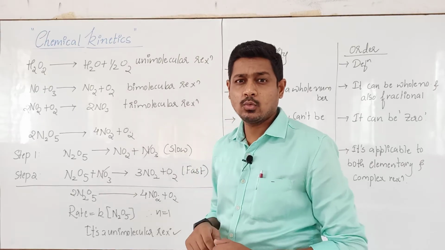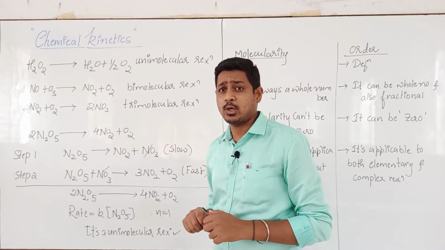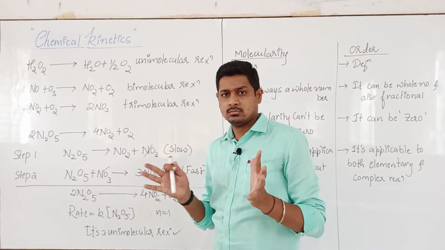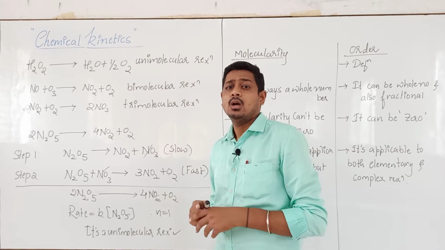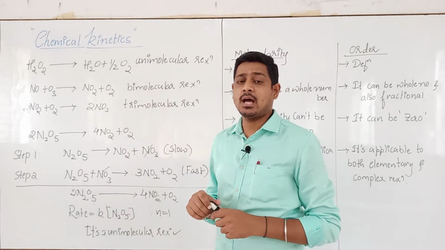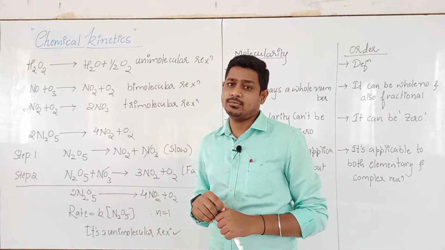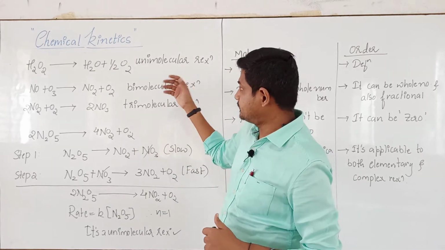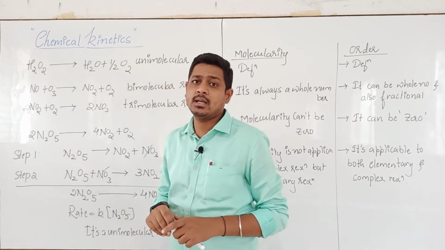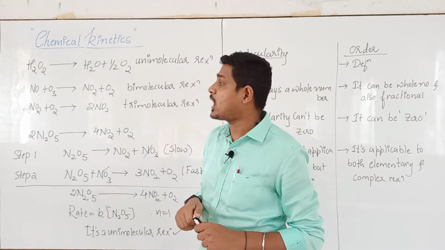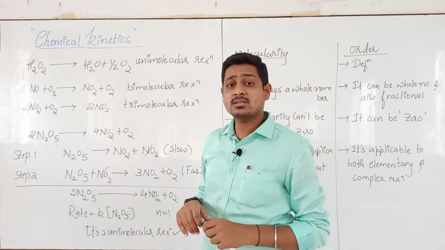So students, now as we know what is meant by molecularity of a reaction, in theory as well as in competitive examinations, they will give one reaction and ask you what is the molecularity of the reaction. Here, only one molecule is involved. Hydrogen peroxide is decomposing to give you water and half mole of oxygen. So what is the molecularity?